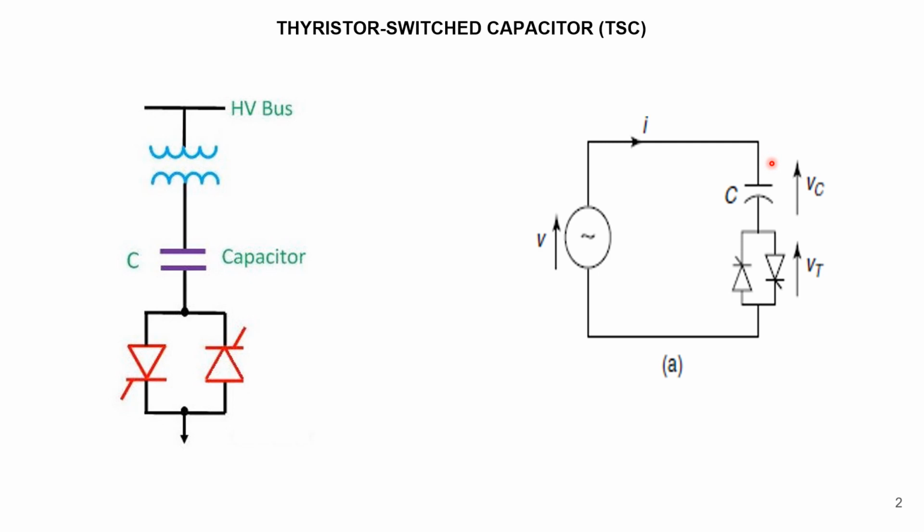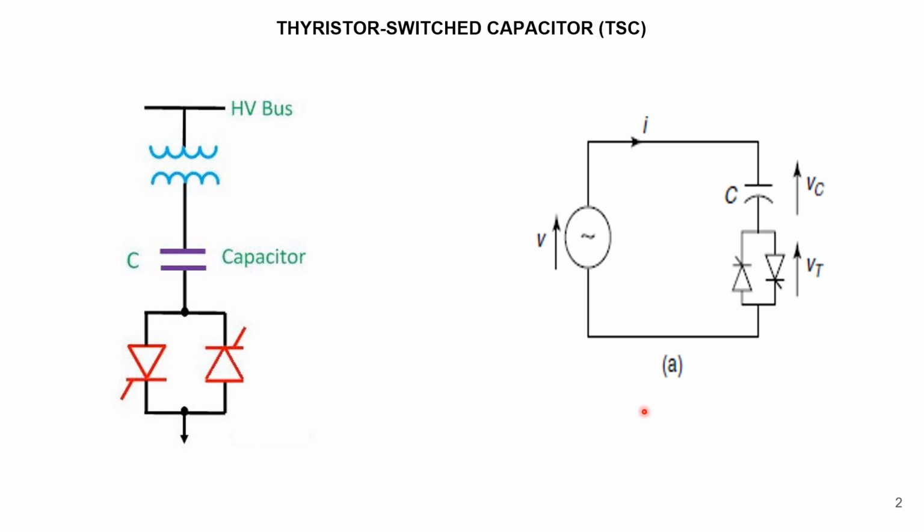So the practical circuit has three parts. One is the capacitor, which supplies reactive power to the system. The second is the bidirectional thyristor valves, to connect and disconnect the capacitor to the system according to requirements. The third is a current limiting reactor, to limit the surge current in the thyristor valve under faulty operating conditions and avoid resonance with the power system impedance and frequencies.